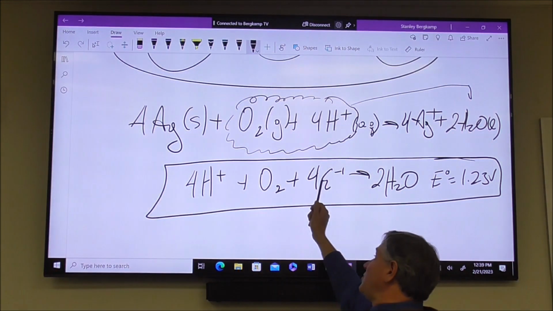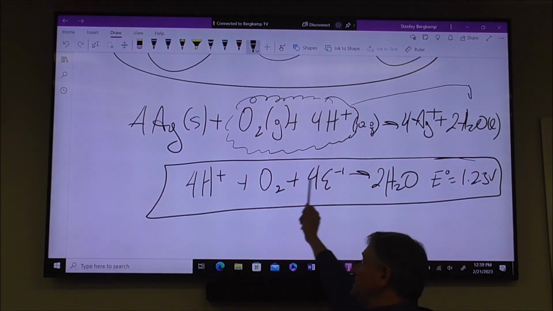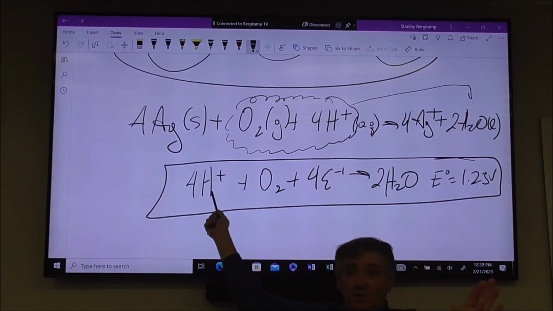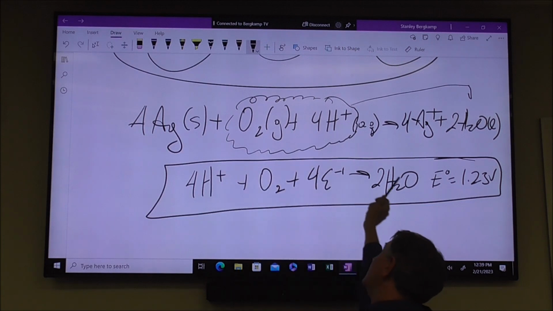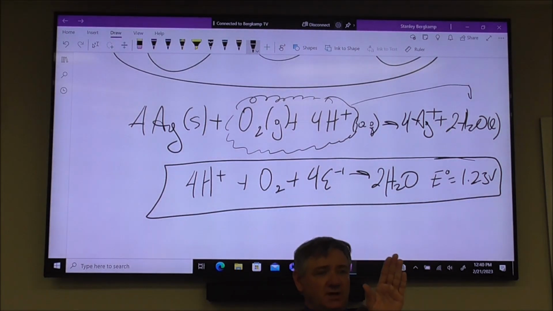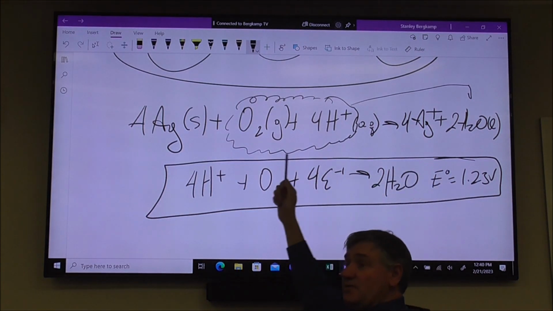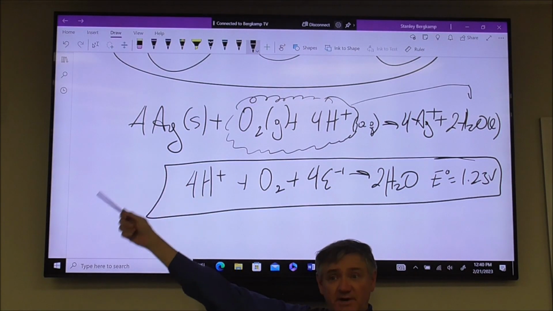This is why you have 4 electrons: I've got 4 negative charges here and 4 positive charges there, which adds up to 0. Water molecules are neutral. I've got 4 hydrogens and 2 oxygens on each side. Boom, there we go. So this is a spontaneous reaction. This wants to happen, and I know that because I have a positive E naught value.